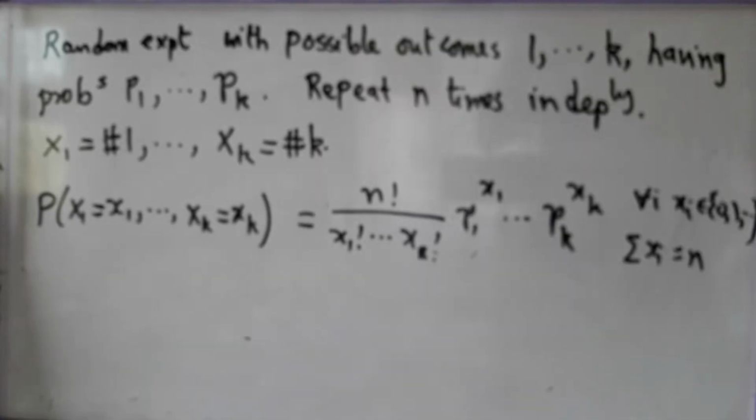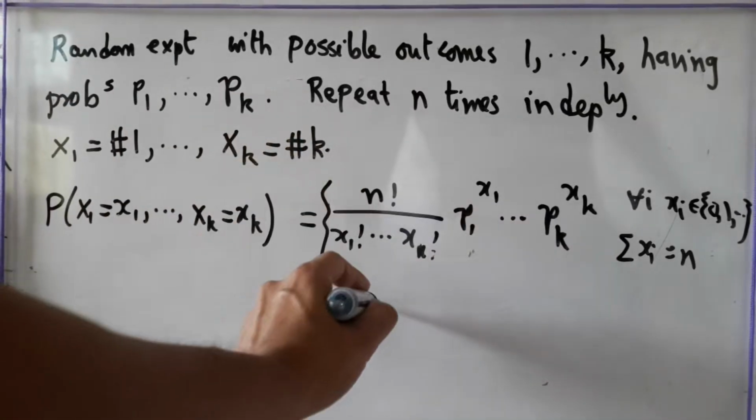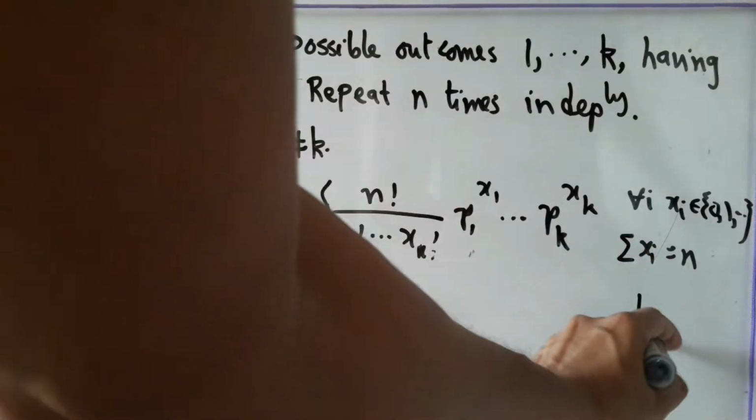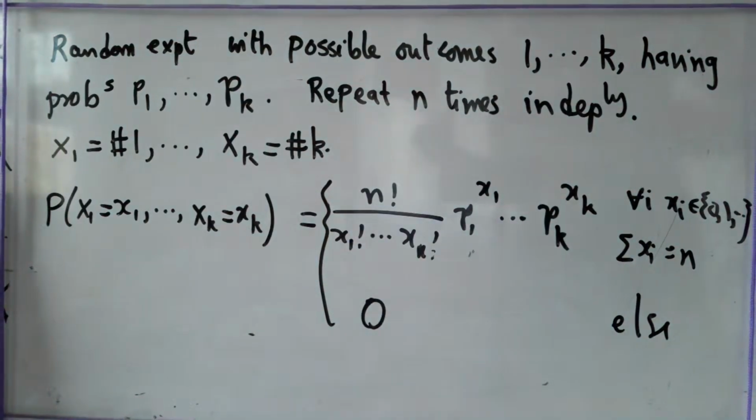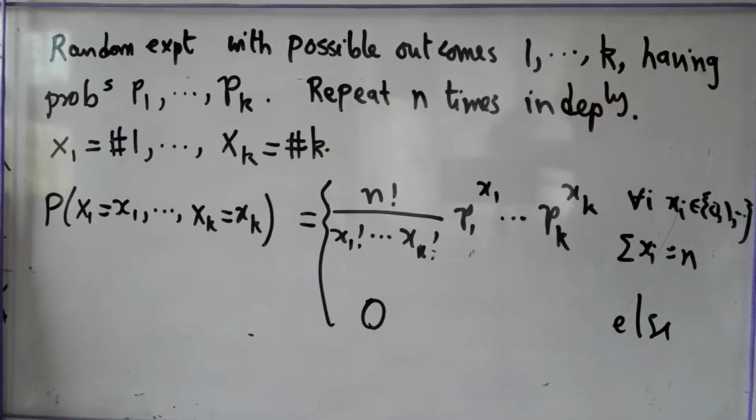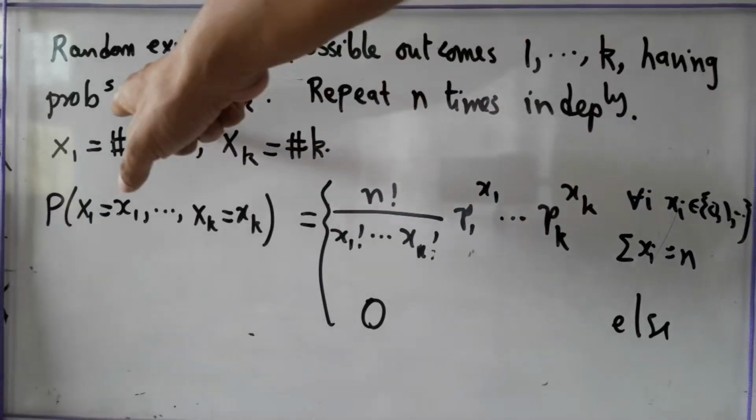If this condition is not satisfied, then of course that's an impossible case. So it is 0 else. That is the PMF of multinomial distribution with parameters n and p1 to pk.